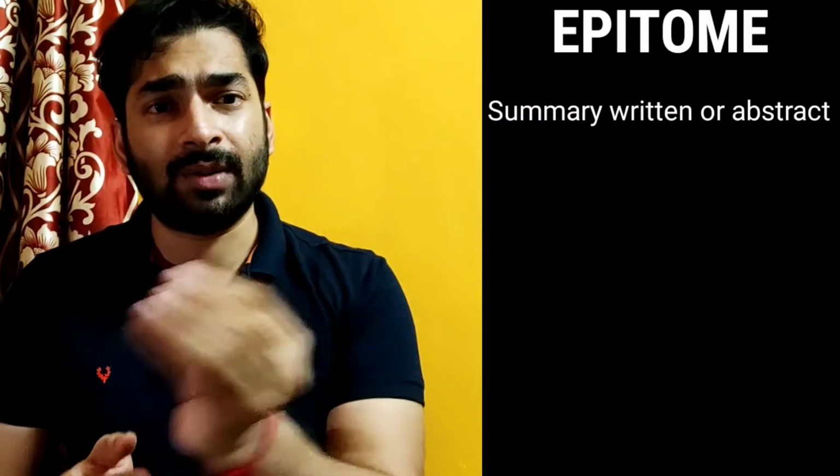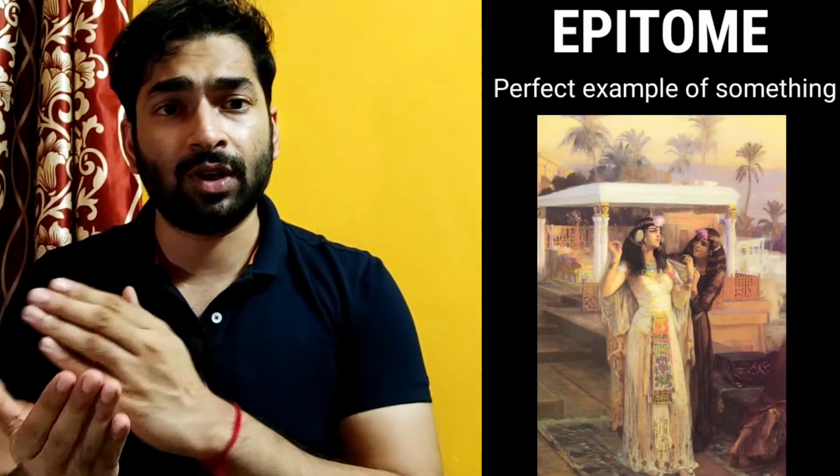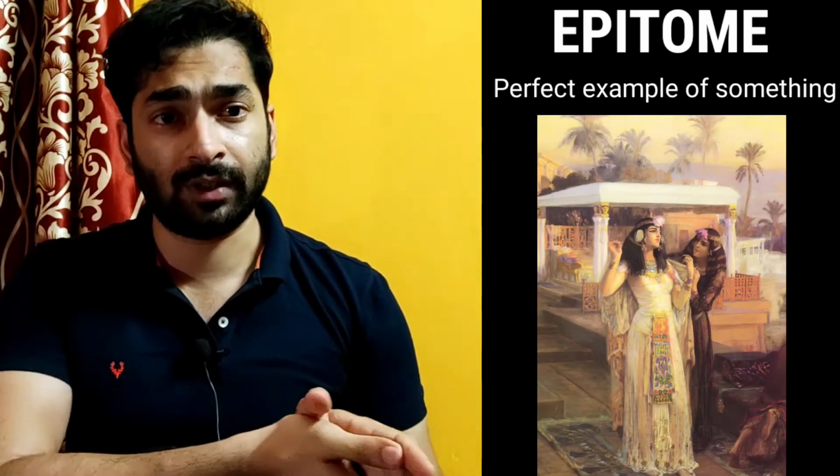Now the next word that we are going to see is epitome. Epitome means some work in terms of abstract information. Abstract in the sense that it's in a short format. Epitome can also mean a perfect embodiment of something or someone. Think about Cleopatra. She was an epitome of beauty.